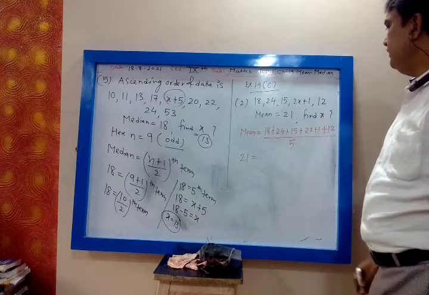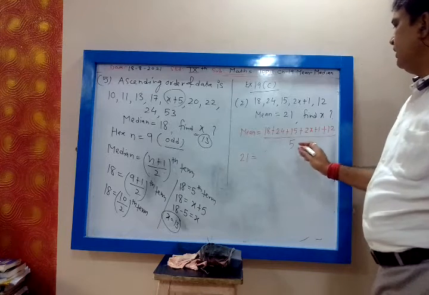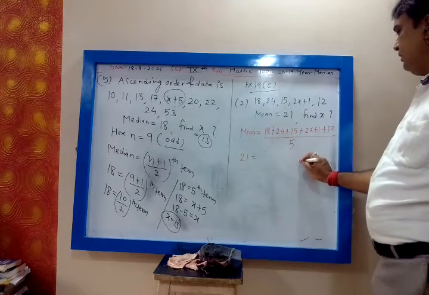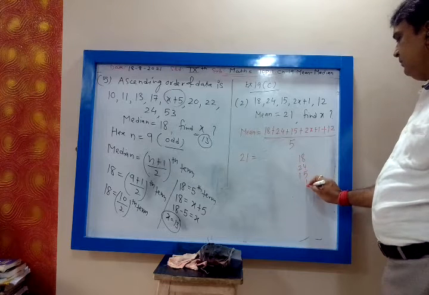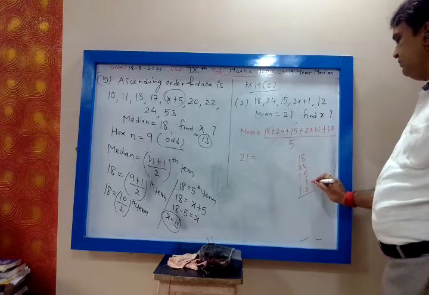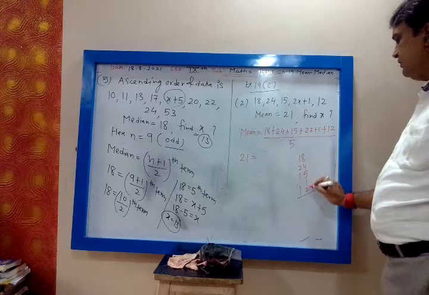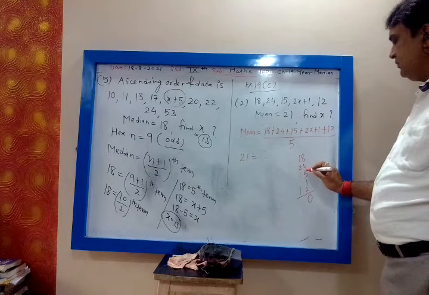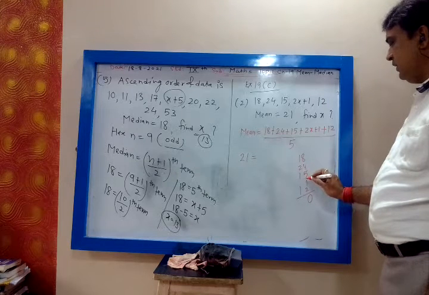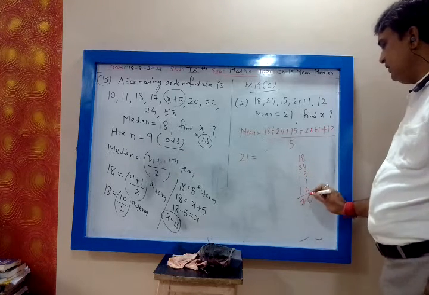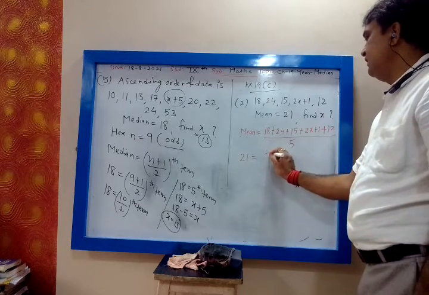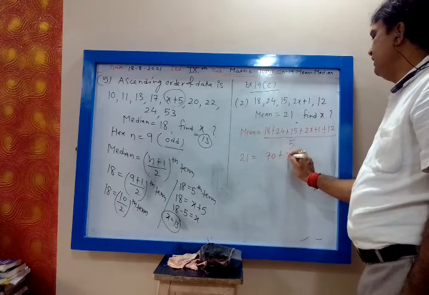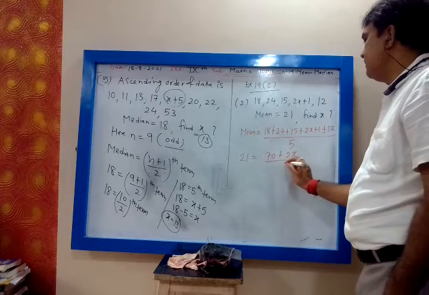Add them: 18 plus 24 plus 15 plus 1 plus 12 gives 70. So this is 70 plus 2x, divided by 5.